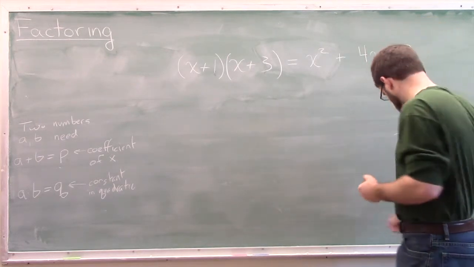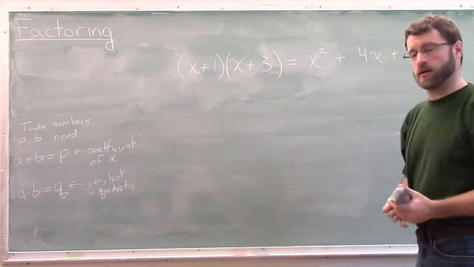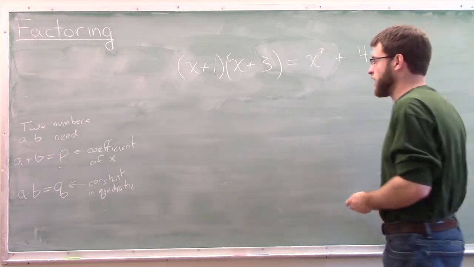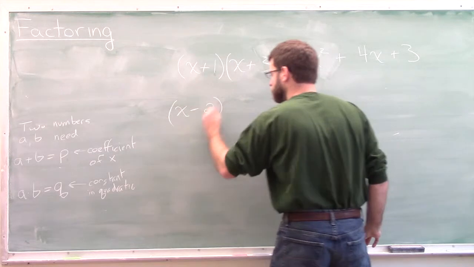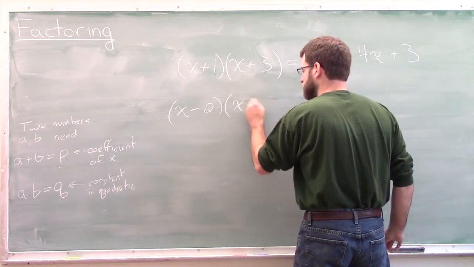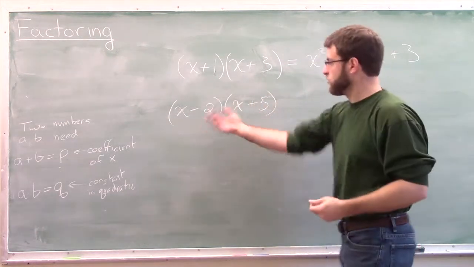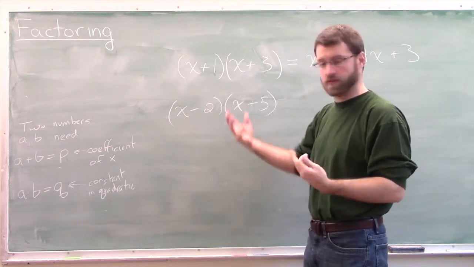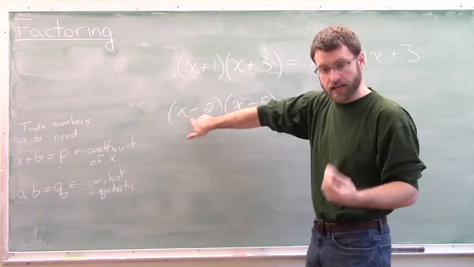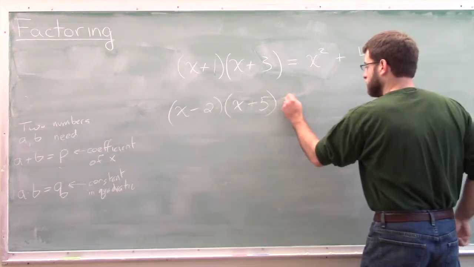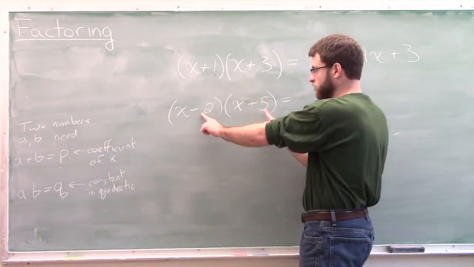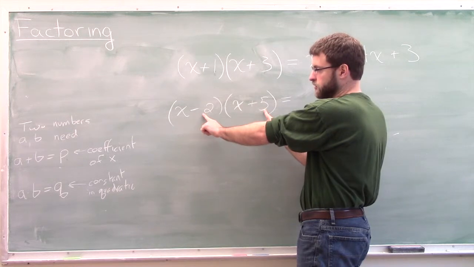Okay, let's do one more example, again to match up that pattern. Let's look at maybe x minus 2 times x plus 5. See here I'm starting to mix up the signs of the a and the b. So the a here is negative 2 and the b is positive 5. If we multiply these out, we want the sum of these two numbers to be equal to the coefficient of x.